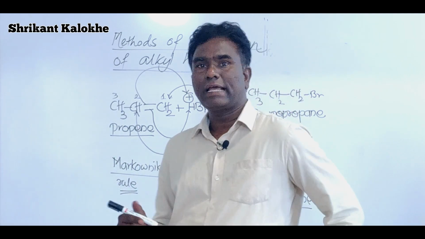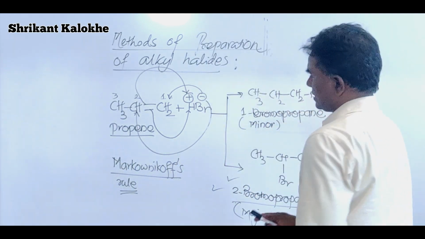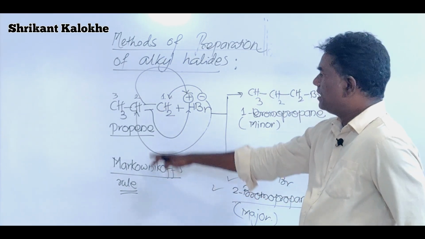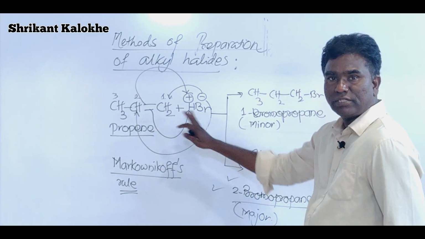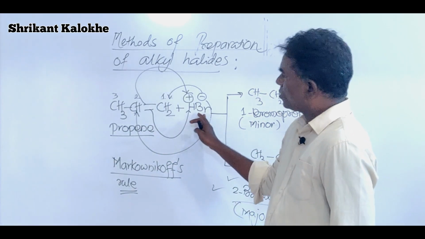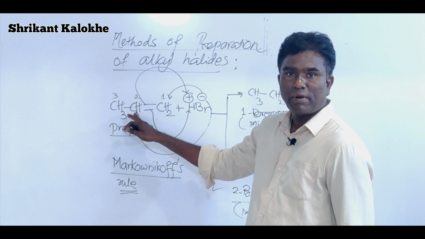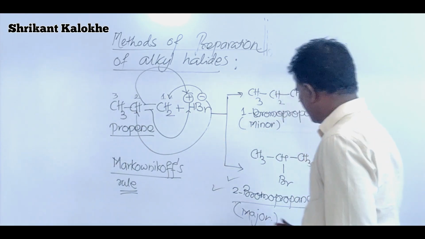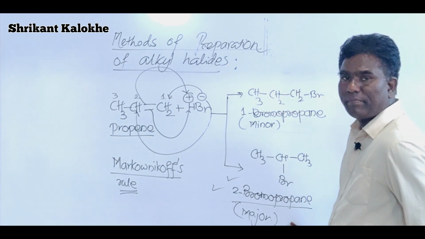You can go through that and you can try to solve those reactions. So this is Markovnikov's rule, which is applicable during the addition of unsymmetrical reagent to an unsymmetrical alkene, and in which negative part of the reagent goes to that carbon of carbon-carbon double bond which carries less number of hydrogen atoms, and according to Markovnikov's rule 2-bromopropane is major product.